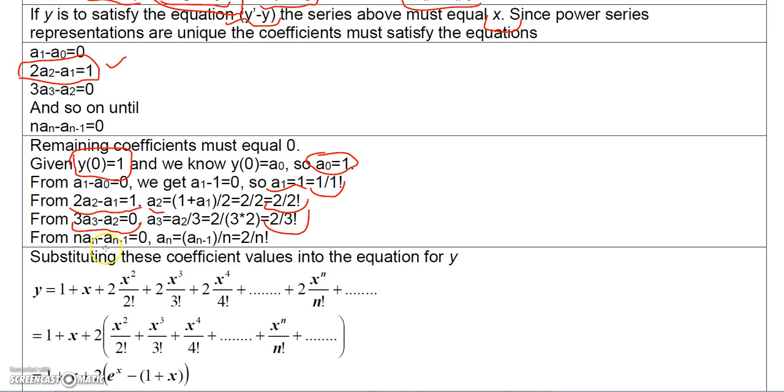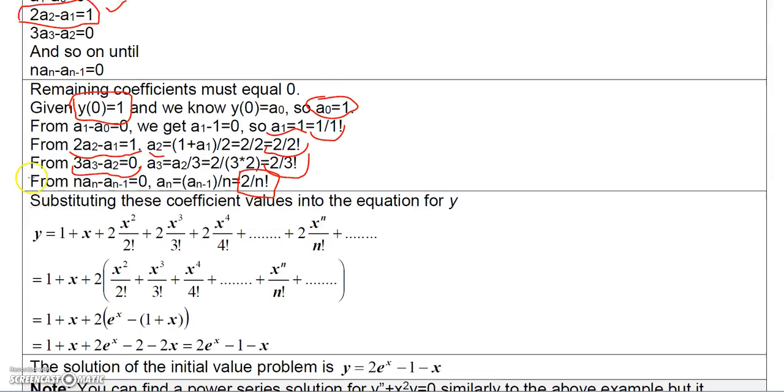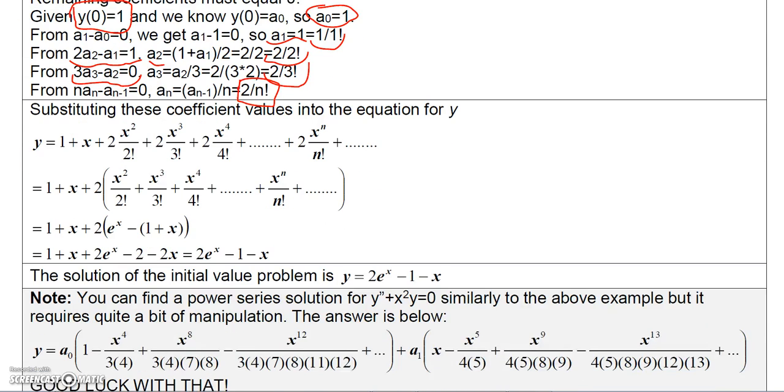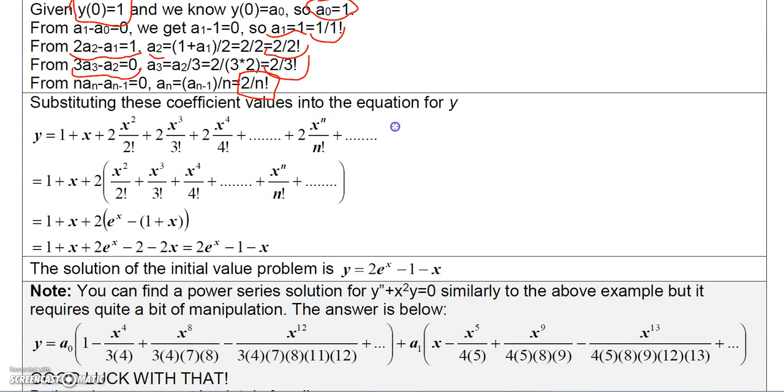And if we continue this, we can actually show that the nth term is going to be 2 over n factorial. Now if we take these values and go back up here and plug them in for the a0, the a1, the a2, etc. into y, then we will actually get this equation for y.